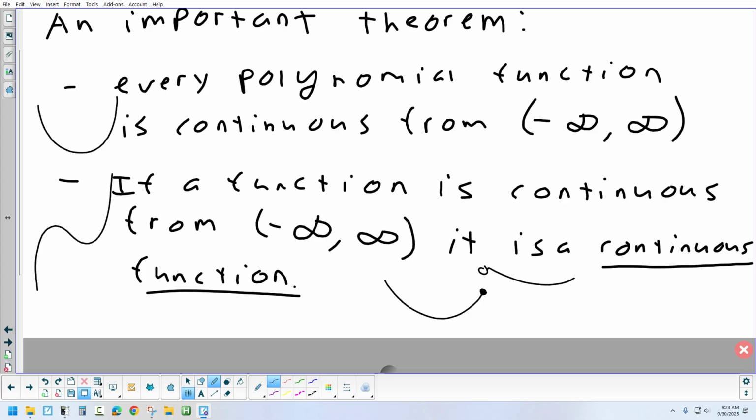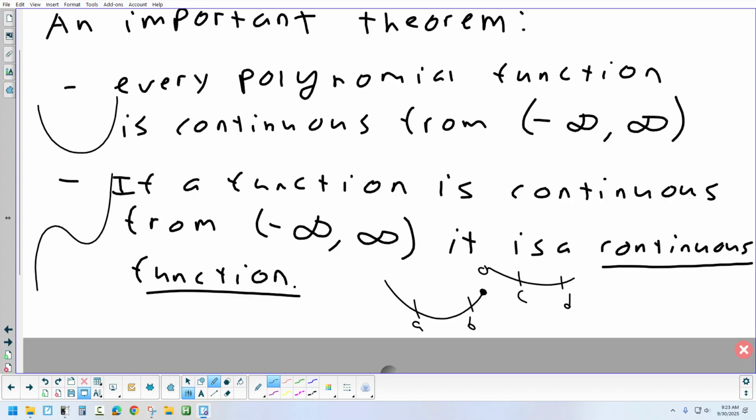So if you had a graph that looked like that, and you put different points on it, I can find sections that are continuous, like from A to B, that is a continuous section. C to D is a continuous section, but this is not a continuous function. Continuous function means you can start anywhere, stop anywhere, and never lift your pencil.